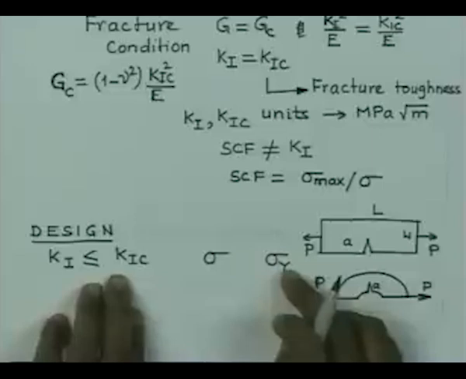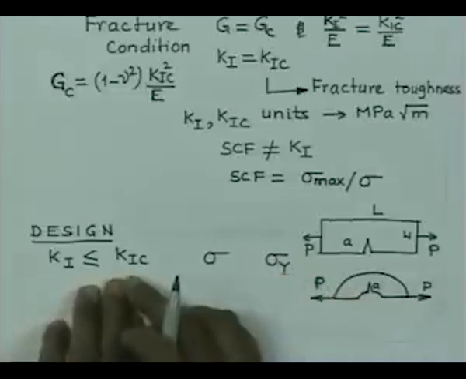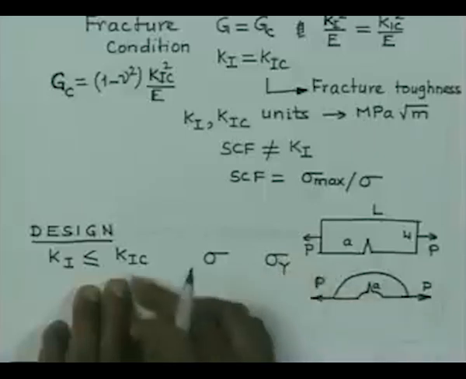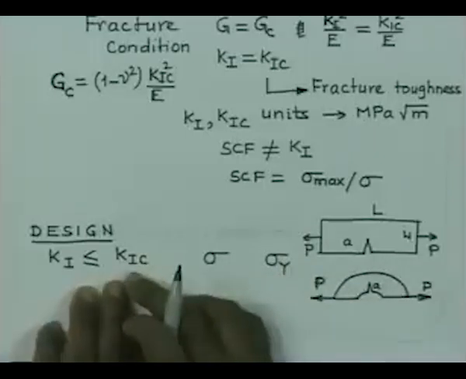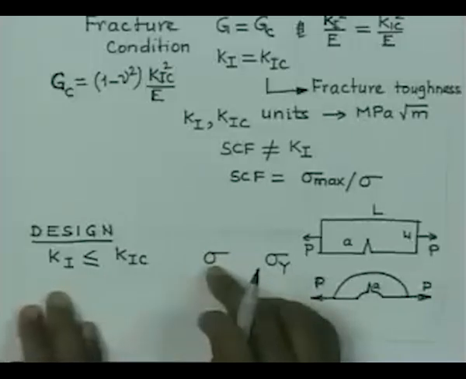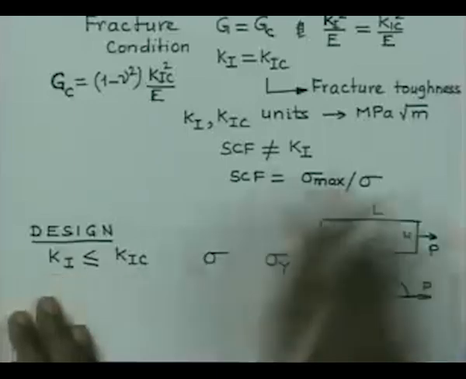So, herein this sigma y is closely parallel to K1C. Since sigma y is a material property, this K1C is also a material property, and the stress sigma is a quantity which is related to the level of loading and geometry. Similarly, here the stress intensity factor is also related to the level of loading and the geometry.